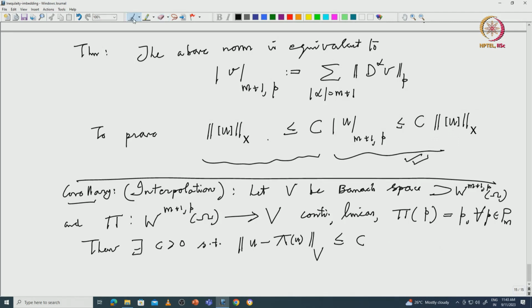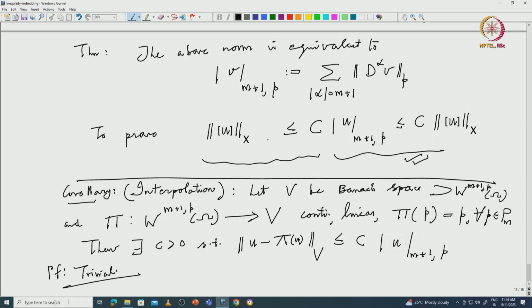That is the whole idea, right? Constant times u at m plus 1, p. So the proof is trivial. Okay, I will skip it. You just work it out. Proof is trivial.